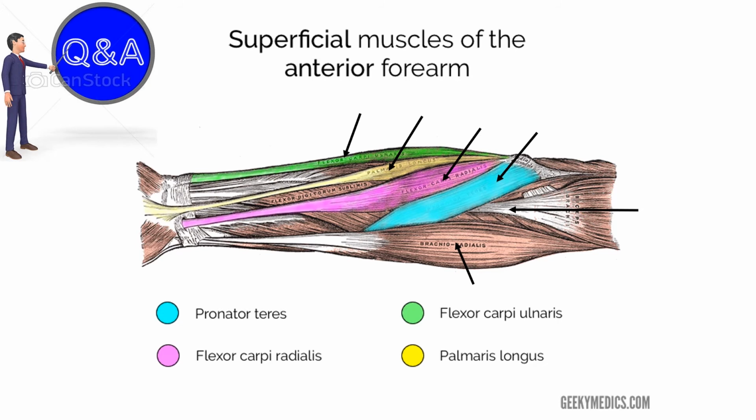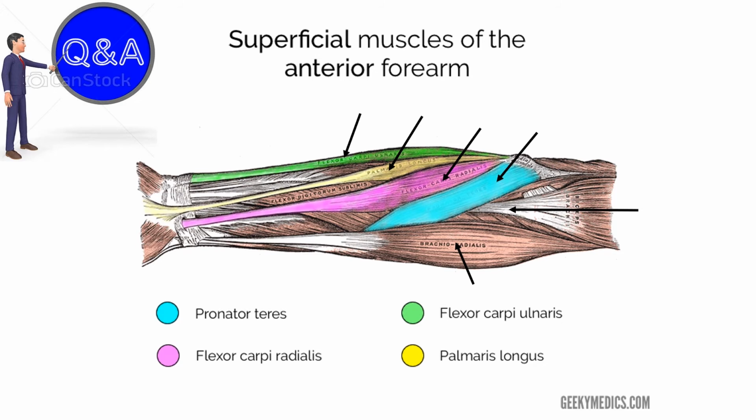You can see that the tendon is very long and the fleshy part is short. And then when we go medially, of course, it's going to be something ulnaris. So it is flexor carpi ulnaris. So let's go through it again.